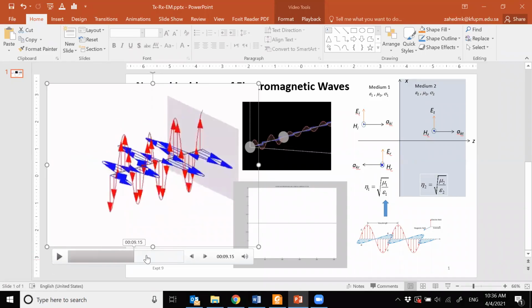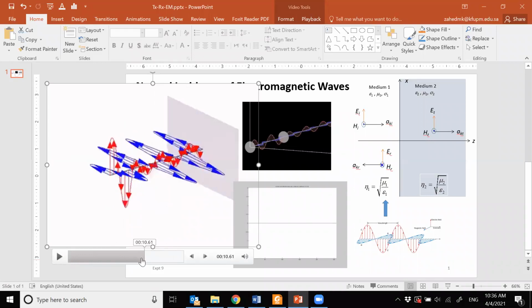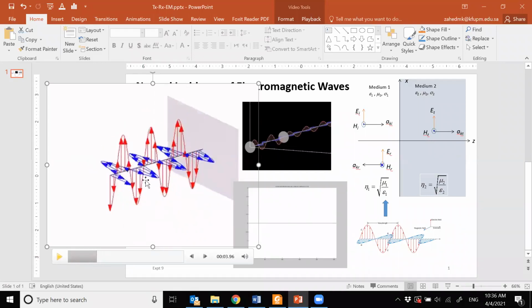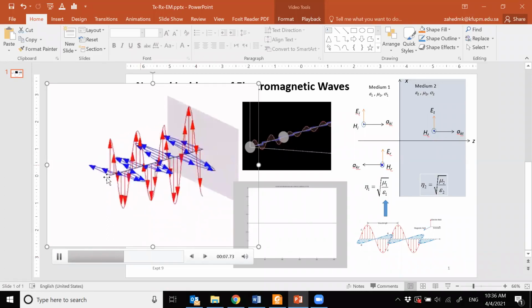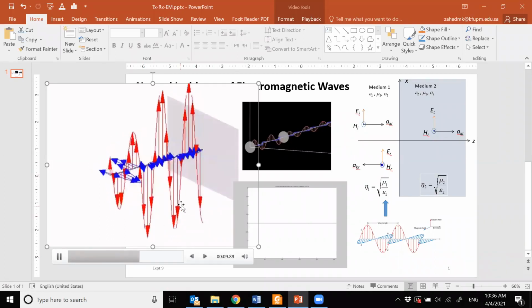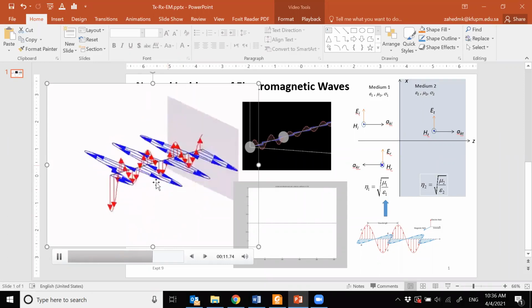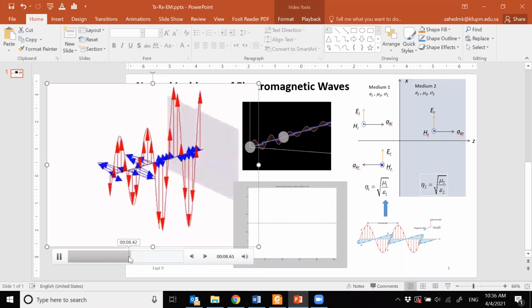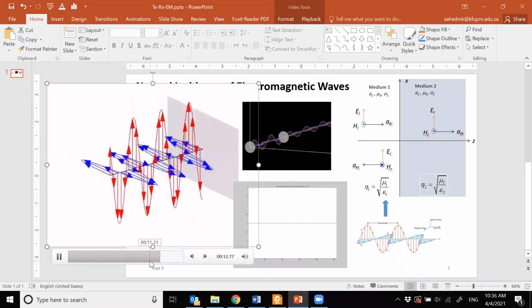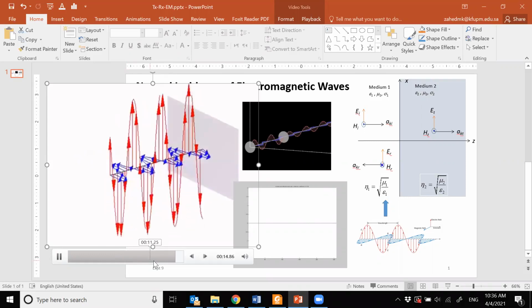Before, you were able to see them traveling, but after some time you get the reflected field and both are getting added, and now you don't see them traveling, you just see them dancing, and this is nothing but your standing wave.